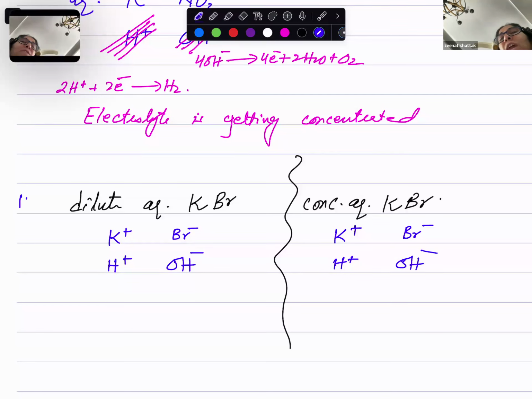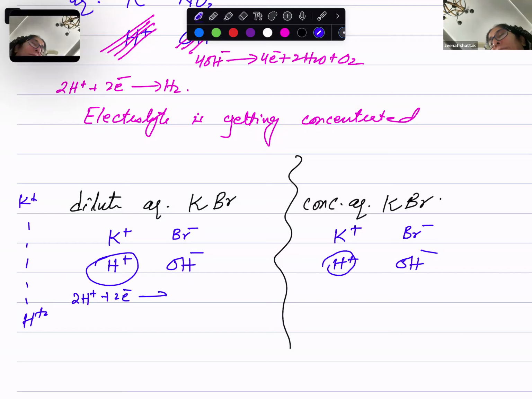Among K plus and H plus, K plus is above and H plus is below. So it's H plus: 2H plus gain 2 electrons to form H2.